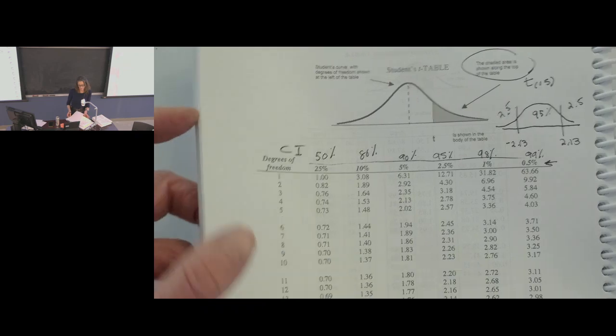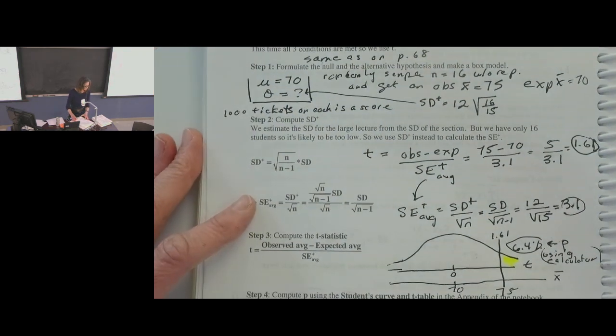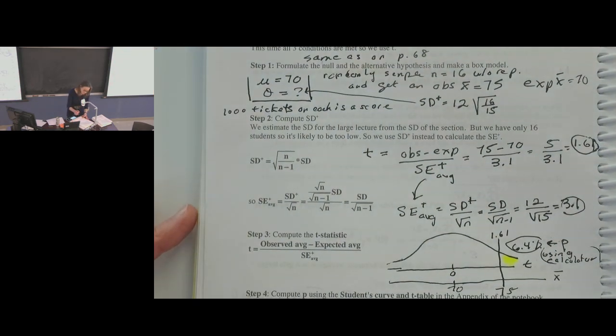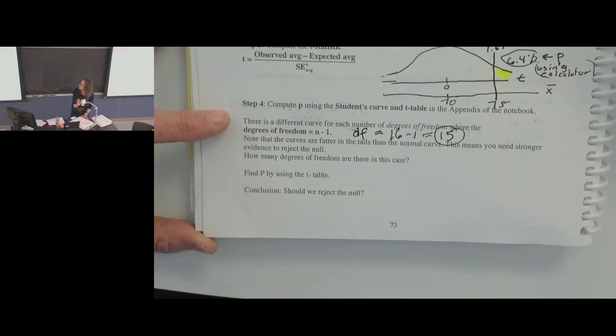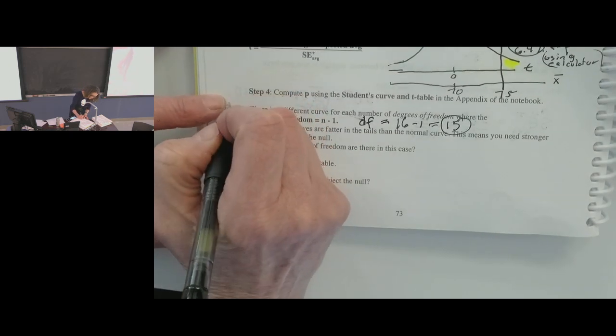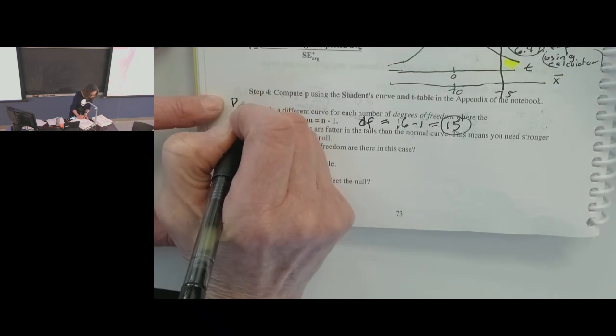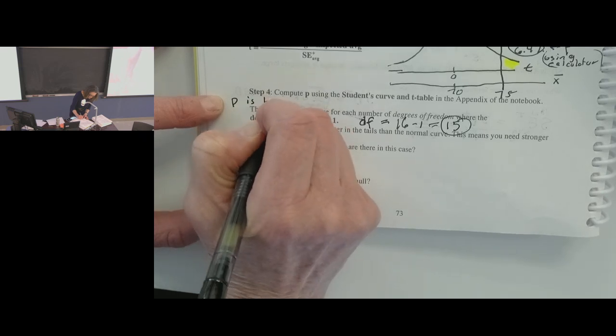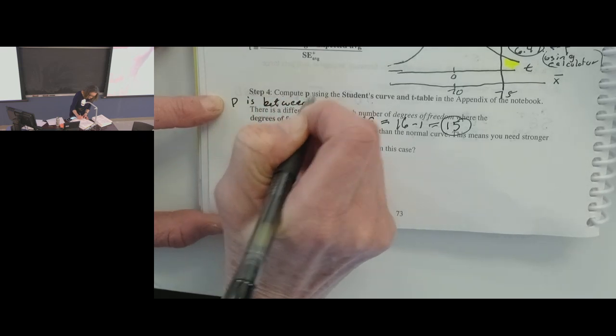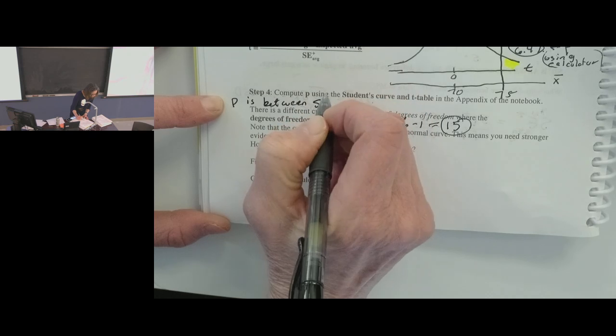Okay, so let's write that down and then we can move on. Using the table, let's say, find P using the table. So using the table, P is between 5% and 10%.